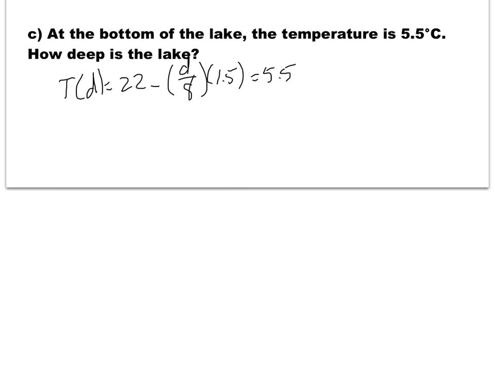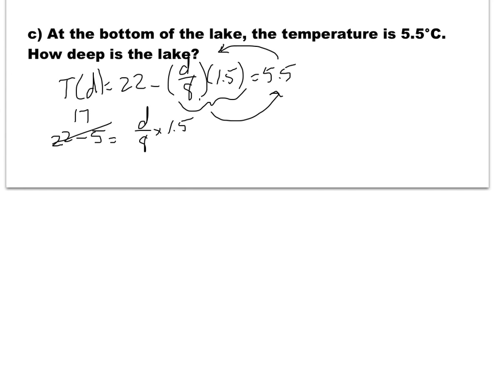Now we have to find d. To isolate d, I'm going to move this whole product to the right and this one to the left. So I get 22 minus 5.5 is equal to d over 8 times 1.5. 22 minus 5.5 is 17.5. So I get 17.5 is equal to 1.5 d over 8.